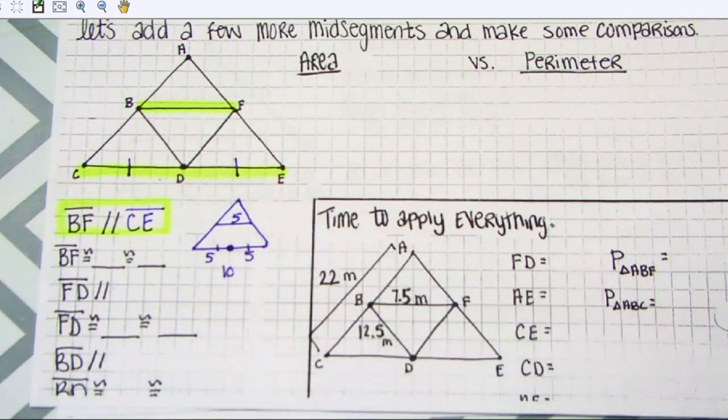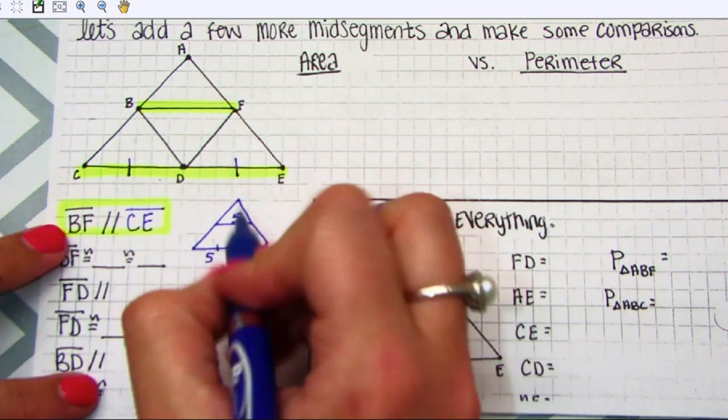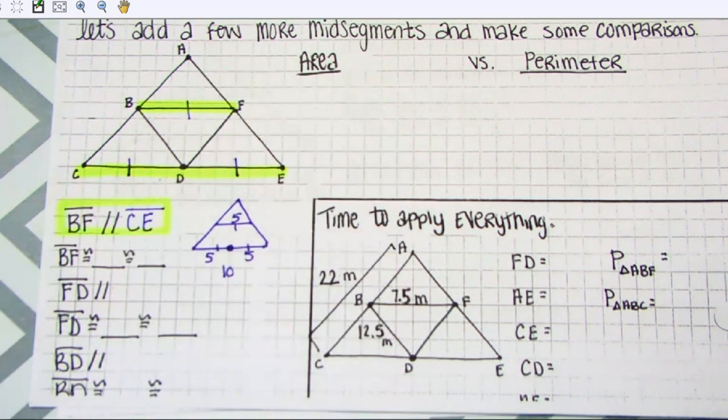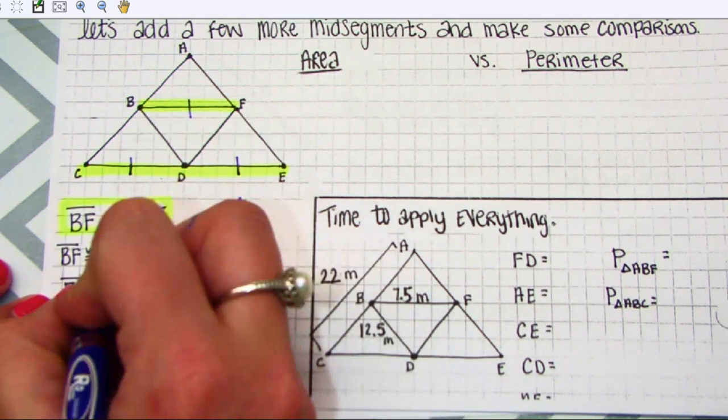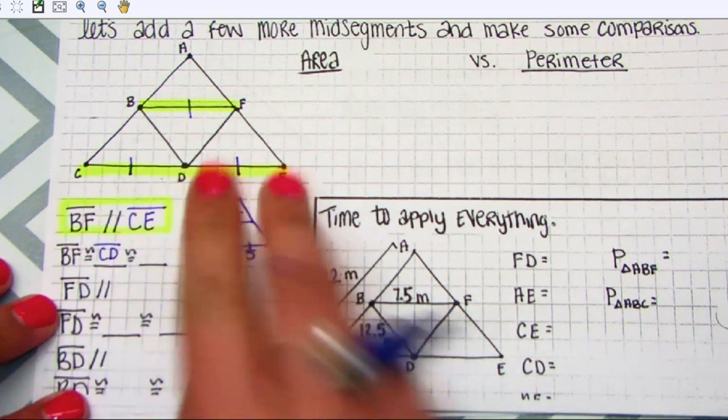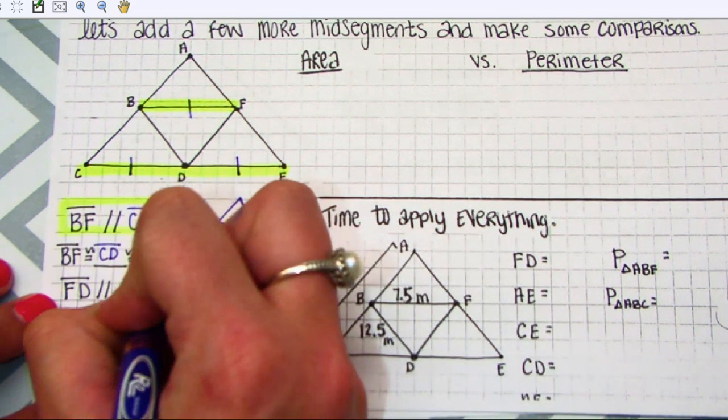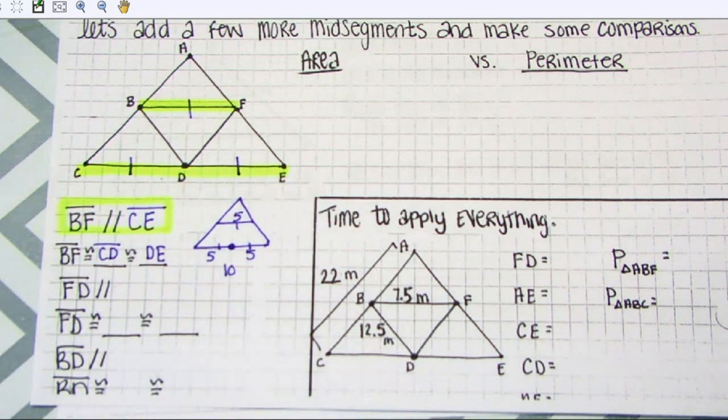So is the mid segment equal to those 3 little pieces? Yes, all 3 of these are equal. So when you start to include more mid segments, you have more congruency in your picture. So that means that segment BF is also congruent to CD, and it's also congruent to DE. Because everything is a midpoint, so everything's getting cut in half.